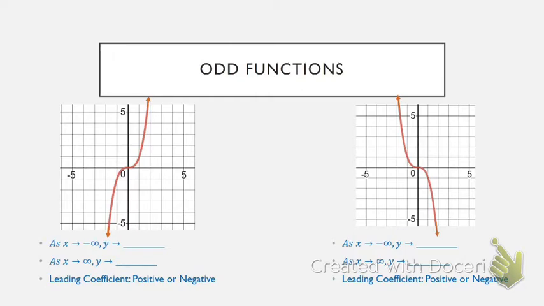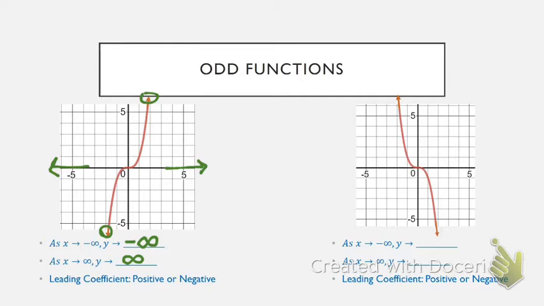All right. So the first says, as x approaches negative infinity, so as we go left forever, my graph is going down, so y is approaching negative infinity. And as we go right forever, we're going up, so y is approaching positive infinity.